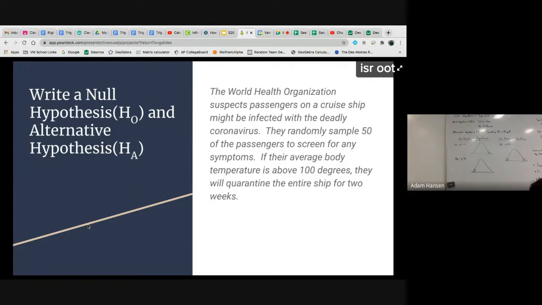The H0 and the HA. Are you writing a hypothesis in terms of proportions or means? Find that first and then describe what the null and alternative case would be. What's the status quo? What new theory might you want to test for and see if that is true?